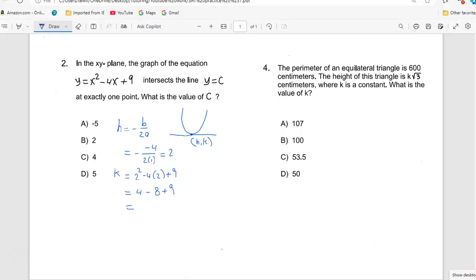And that's going to give us 5. So the y coordinate of the vertex, which is c, because this line is y equal to c, will be 5. So the answer is 5.